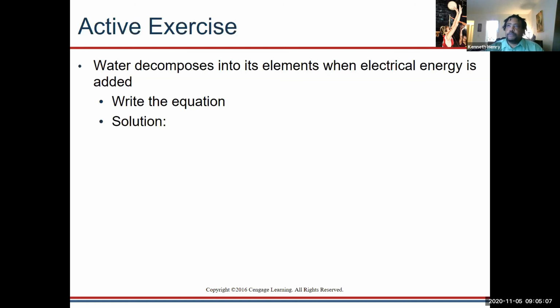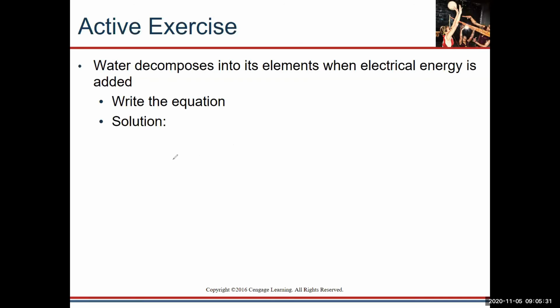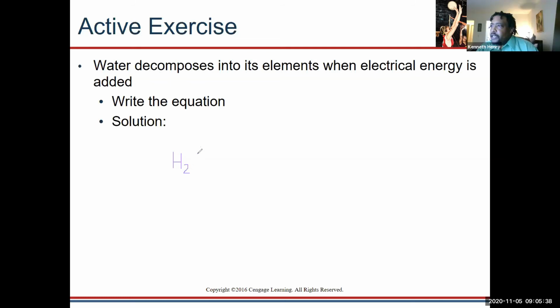Water. Chemical formula for water? H2O. Solid, liquid, or gas? Liquid.